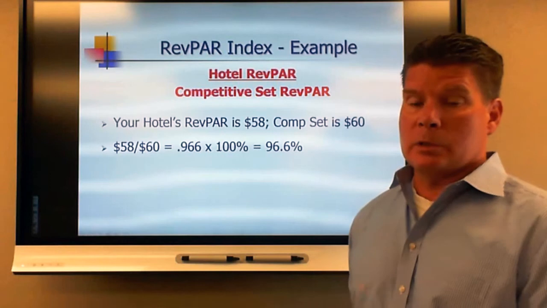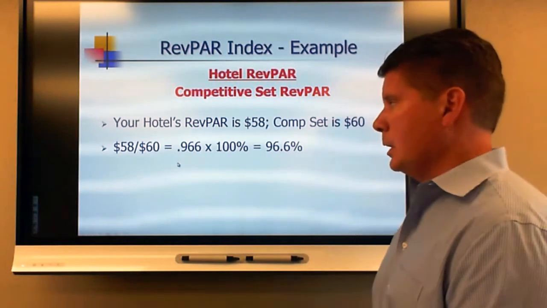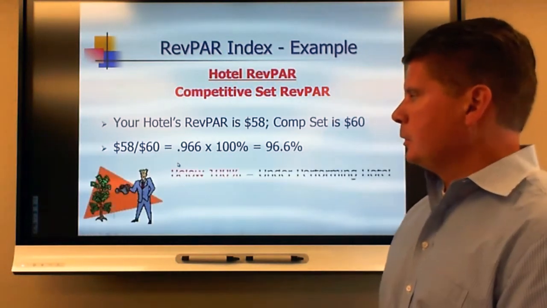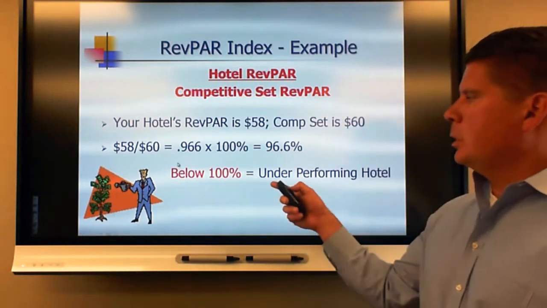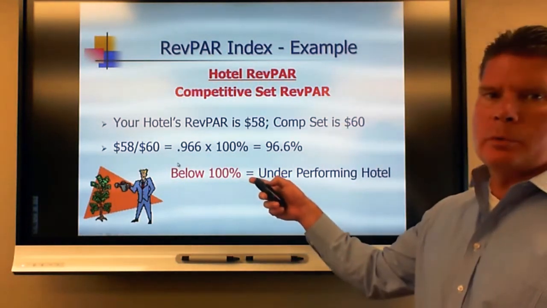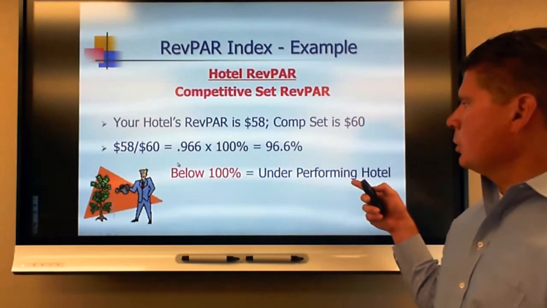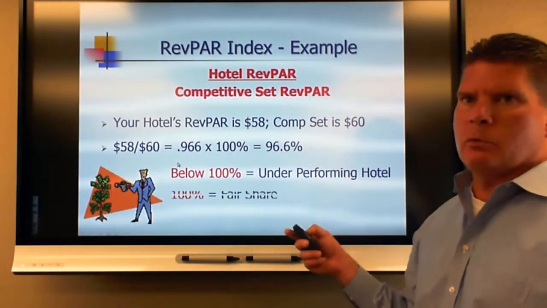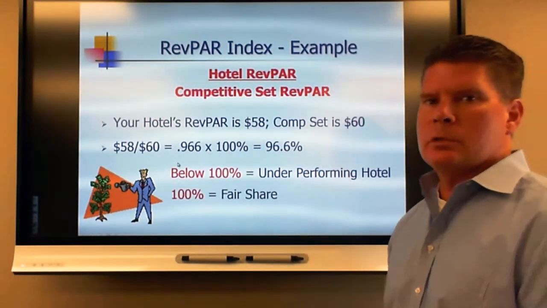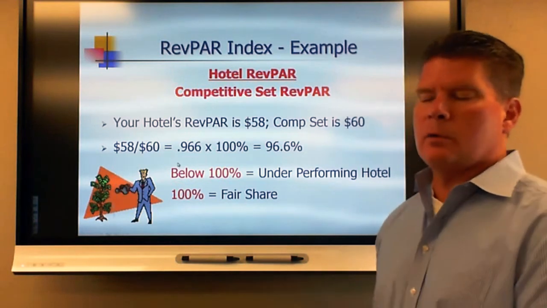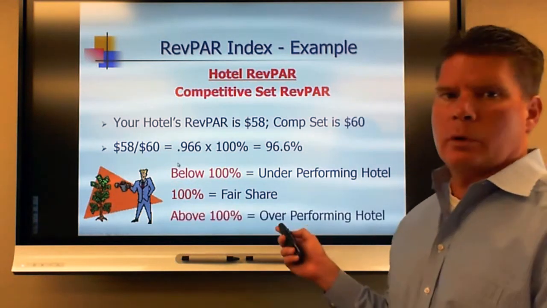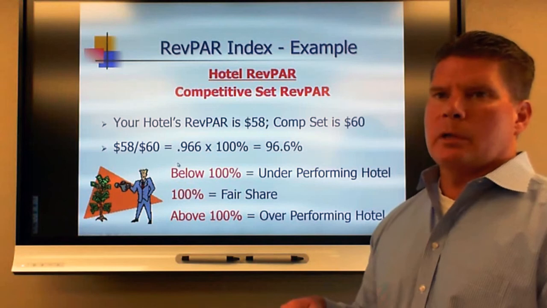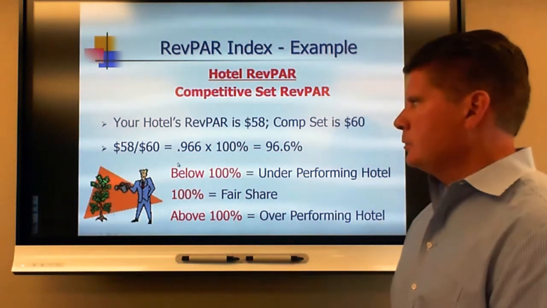So you're not making as much money as you could against your competitive set. One way to look at this is if you're below 100%, then you're underperforming. So in this example, this hotel is underperforming. If you're exactly at 100%, you're getting your fair share of the market, but you really want to be over 100%. You want to have a RevPAR index higher than your competitive set.